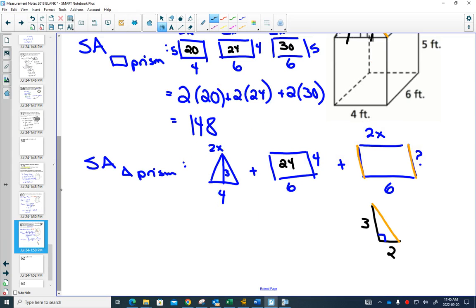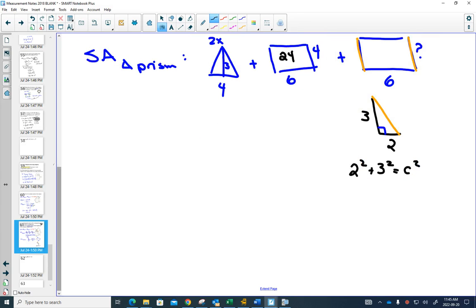So now I can do a squared plus b squared equals c squared. 2 squared plus 3 squared equals c squared. 4 plus 9, 13 equals c squared. So c will be the square root of 13. I could type that into my calculator, but it'll give me a decimal, so I'm going to keep it as the square root of 13 right now.